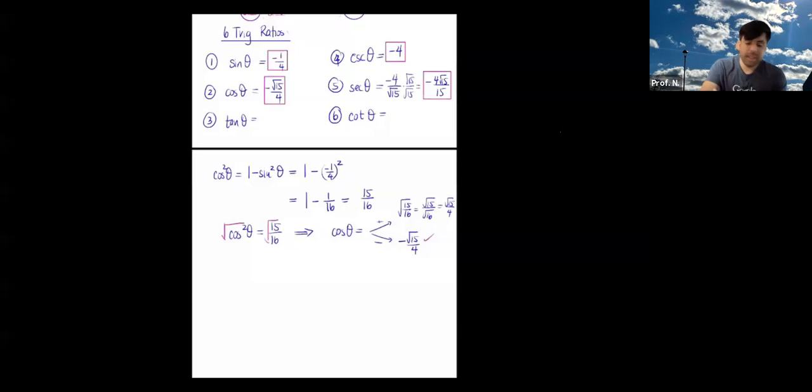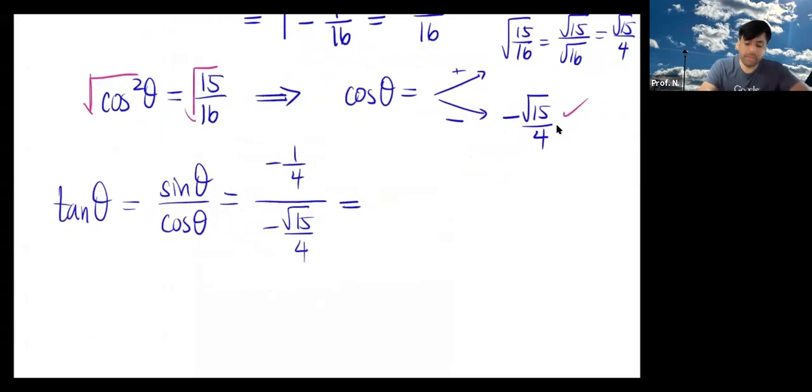And then lastly, how do you get tangent? Remember, tangent of theta is really sine over cosine. So if I know sine and cosine, then I know tangent immediately. Sine is what? Negative 1/4. And cosine is negative rad 15 over 4. What do you do when you have a fraction divided by a fraction? You keep, change, flip.